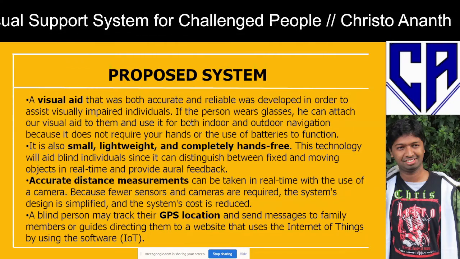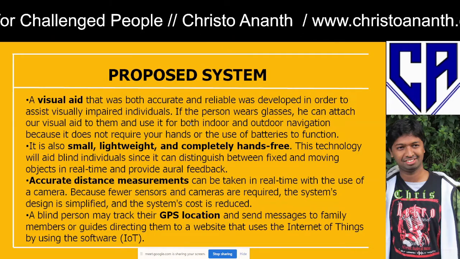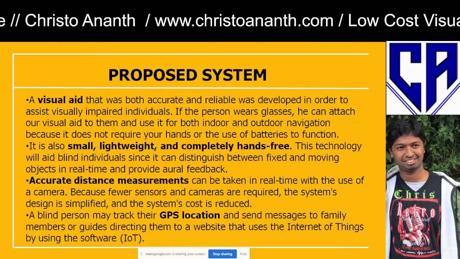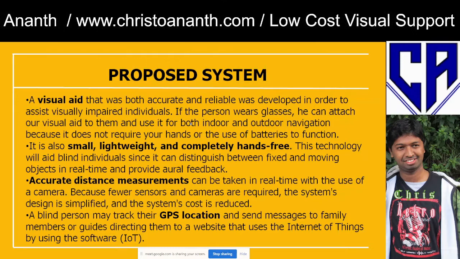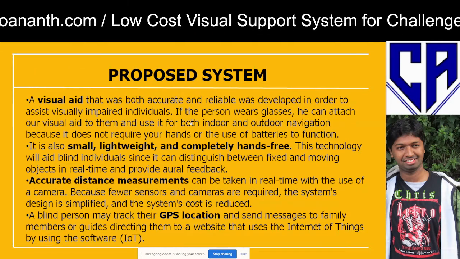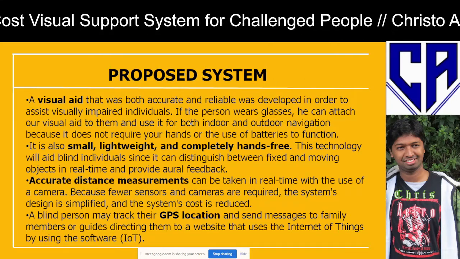It's tiny and lightweight. It's a completely hands-free device. This technology will support blind individuals. In real time it will give verbal feedback with distance measurements. We are getting accurate distance measurements.